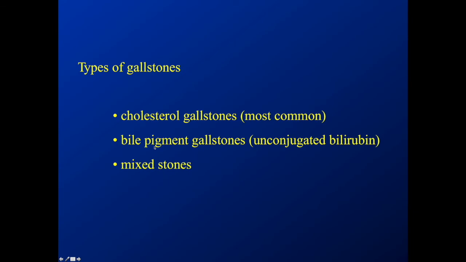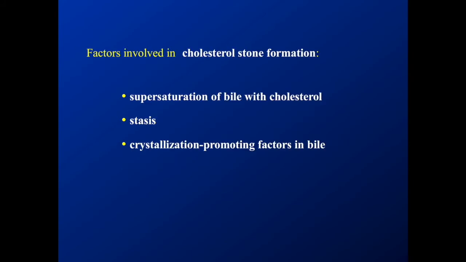And that makes three different types of gallstones. You have gallstones that are created purely by cholesterol, and they're the most common. Then you have bile pigment gallstones, which are mainly formed by unconjugated bilirubin. And then you have mixed stones that are a mixture of both cholesterol and bile pigment.